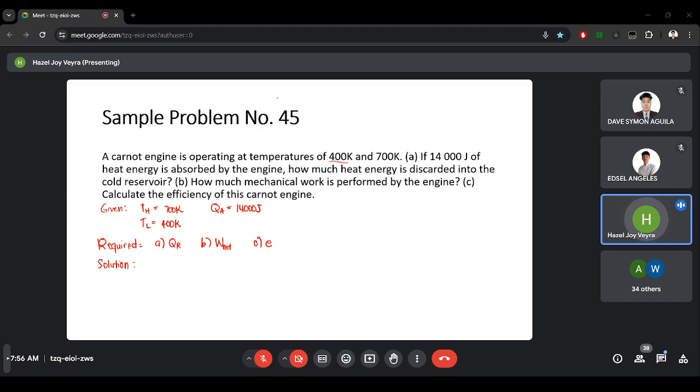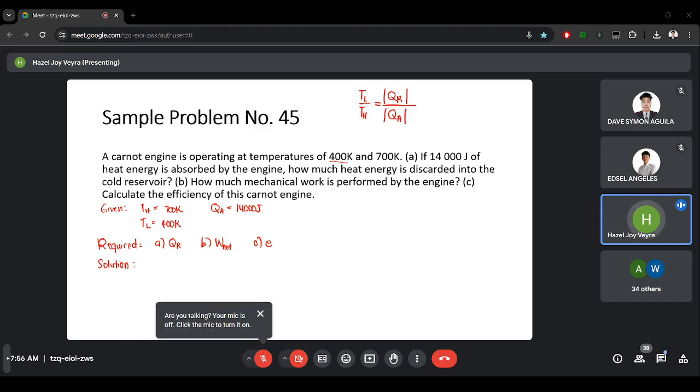In a Carnot cycle, class, remember that the ratio of the temperature coming from the cold reservoir to the temperature coming from the hot reservoir is equal to the ratio of the absolute value of the heat rejected over the absolute value of the heat added.